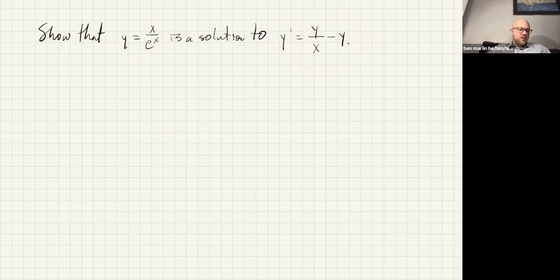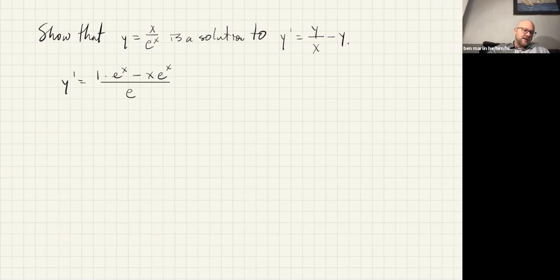So we can do that here, and we'll find y prime, of course, is going to require us to use a quotient rule, right? So we will do 1 times e to the x, and then minus x times e to the x, because the derivative of e to the x is just e to the x. So that makes that easy.